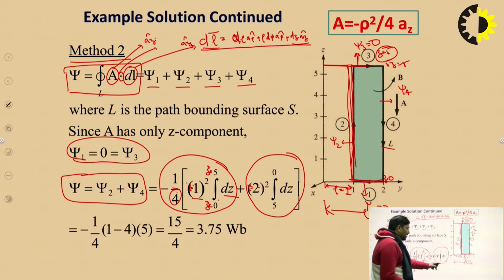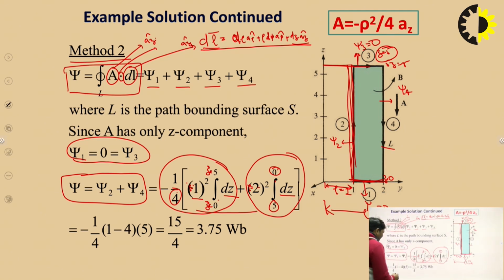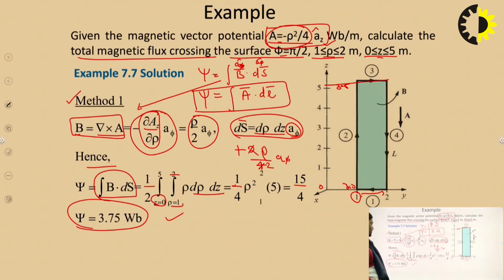So the limit is 5 to 0, dz. If we solve this equation, we find that the total outward magnetic flux is equal to 3.75 Weber. So in both methods, by using psi is equal to B dot ds or A dot dl, we calculate the total outward flux.